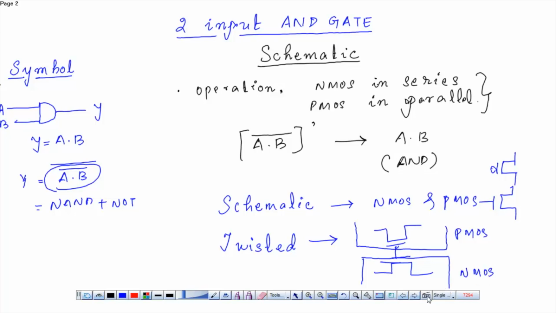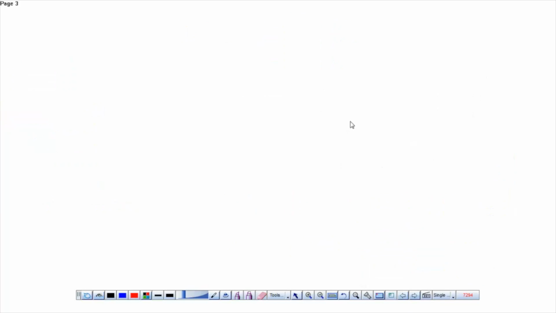Now we will see how to draw the schematic of a 2-input AND gate with normal placing of the NMOS and PMOS.